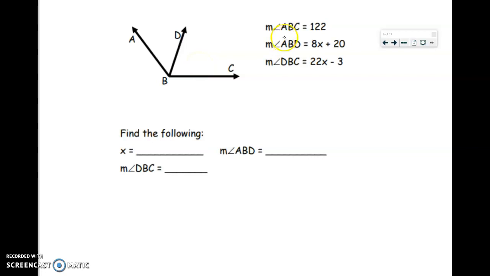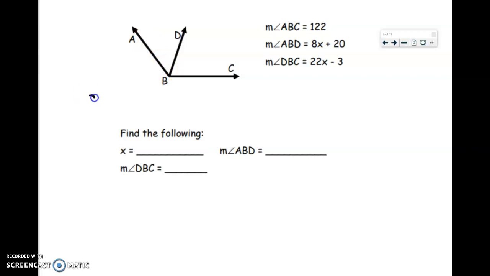We are given the measure of angle ABC, the big angle, is 122, and we're given algebraic expressions for each of the individual angles. So using the angle addition postulate, we are going to set angle ABD plus DBC equal to the entire thing.